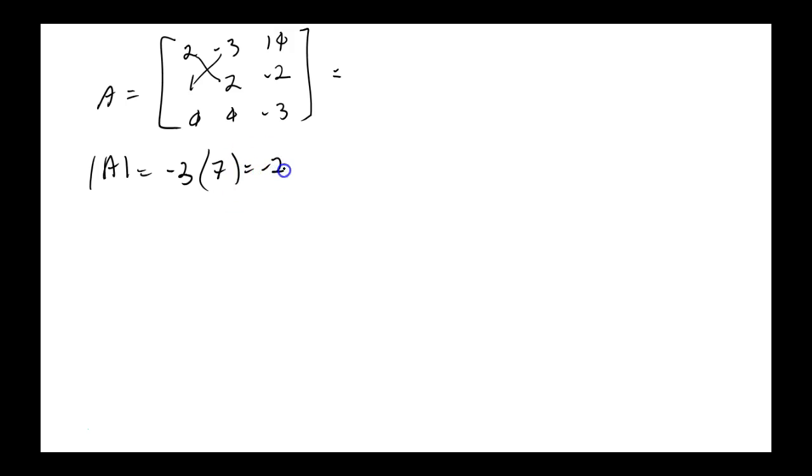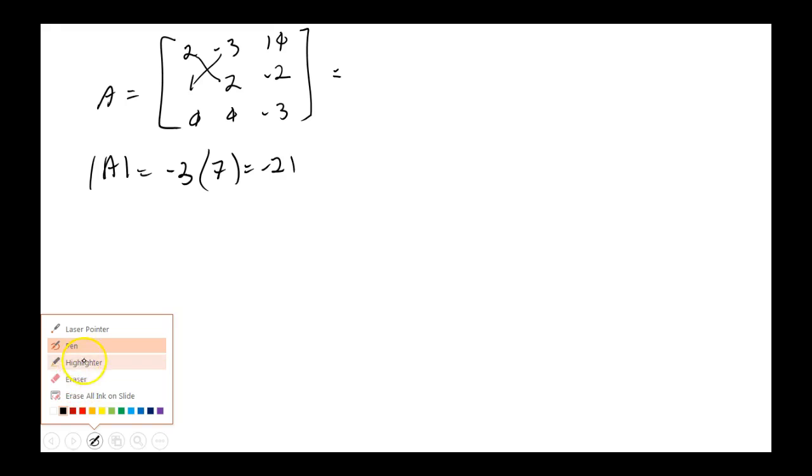That's going to be minus 21. I see no reason to do anything other than that, but they're going to show us that that does produce the same thing if you do elementary row operations.